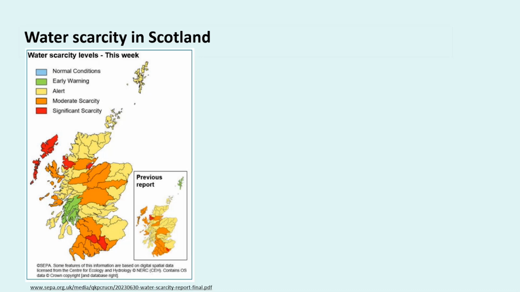And you can see, quite astonishingly, that approximately half of Scotland was at moderate to significant water scarcity, with most of the rest at alert level. This is a growing problem in Scotland. It's becoming more extensive. It's affecting the wetter western regions, and it's also occurring earlier in the summer than in recent years.